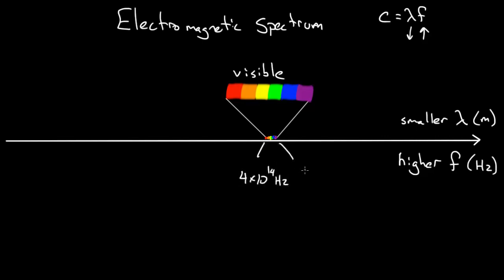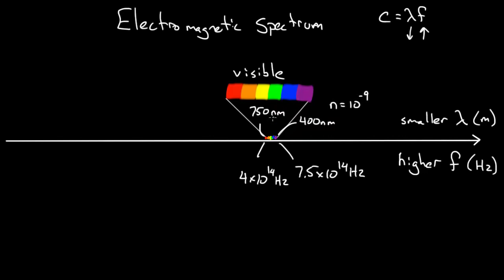And violet would be around 7.5 times 10 to the 14th hertz. Or if you wanted to talk about wavelength, red would be around 750 nanometers, and violet would be around 400 nanometers, and by nano, we mean 10 to the negative 9th.